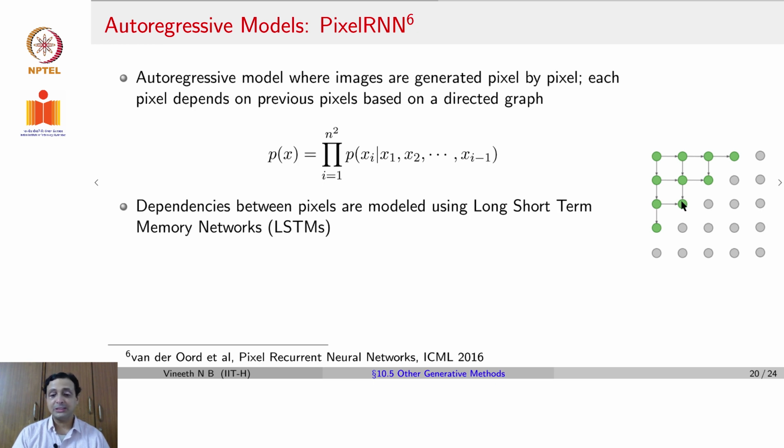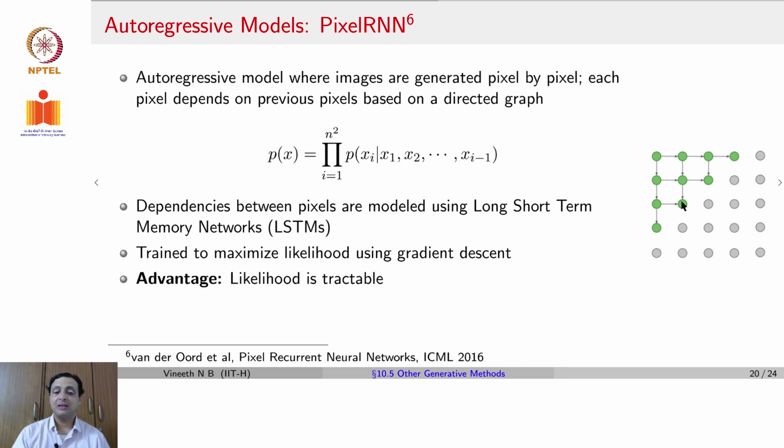So these dependencies between pixels are modeled using LSTMs. That's why the name pixel RNN. And the learning, very similar to all the models that we've seen in this lecture, is once again maximizing the likelihood using gradient descent. The likelihood is tractable because we're using an LSTM. We know how it works.